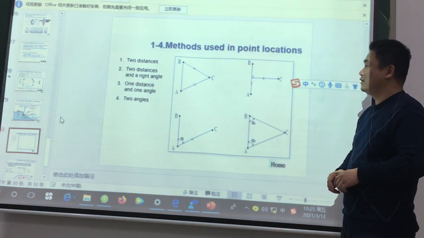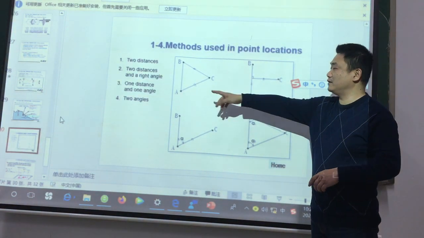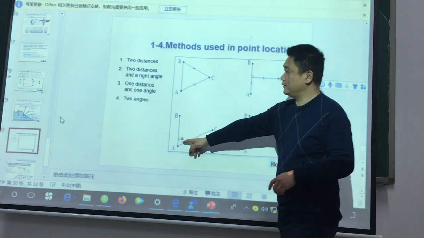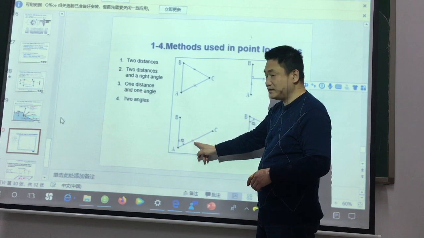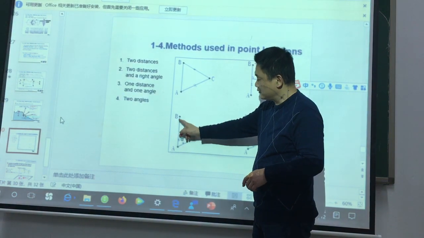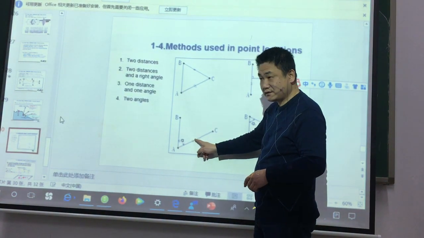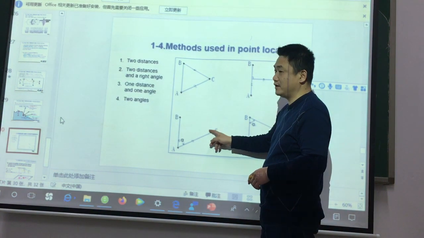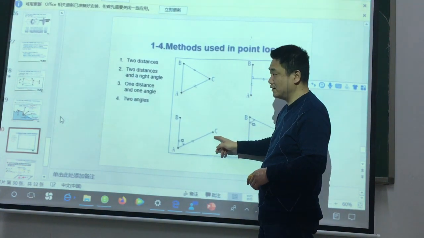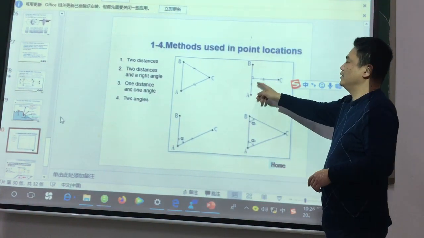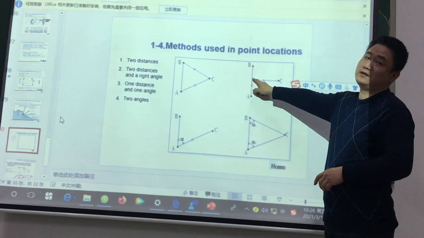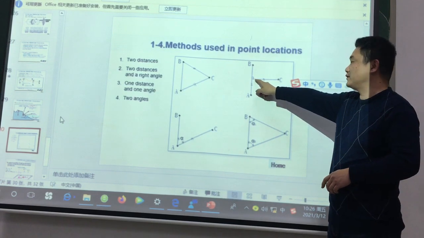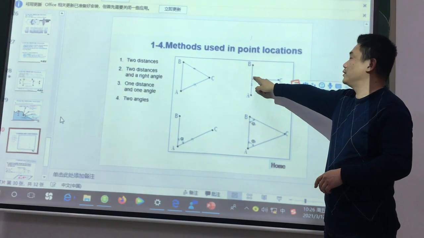Of course, for the second and the third method, with one angle and one distance, we can calculate the coordinate of point C. And also we can use two distances and one angle, but this angle is special, it's just a right angle, perpendicular.